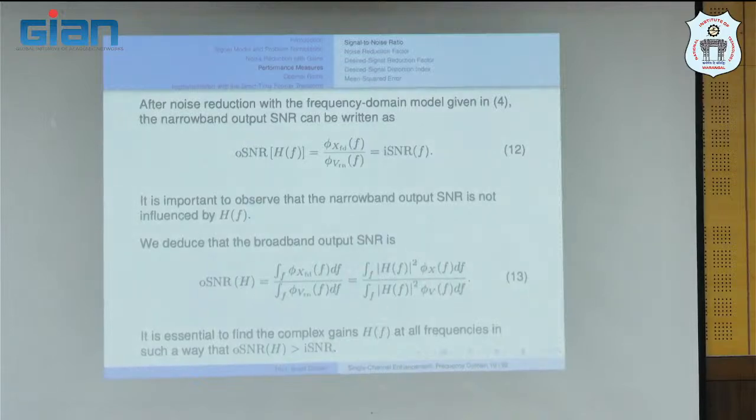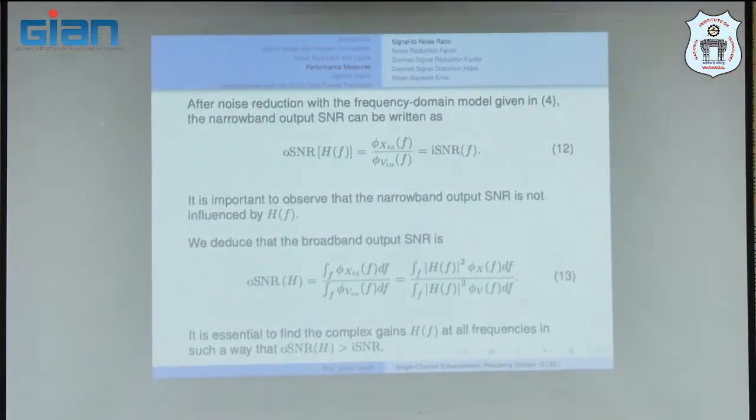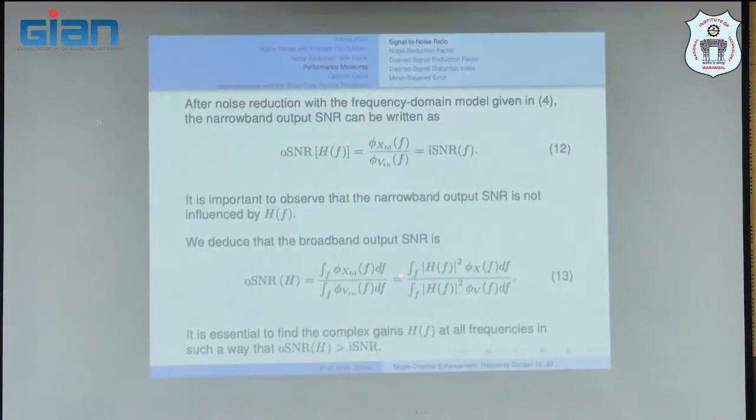So we can ask ourselves, of course, we cannot get any gain in SNR in the narrowband for each frequency. But for the total, the broadband output SNR, can we choose H for each frequency such that the broadband output SNR will be as high as possible, for example? We will see how to do that, okay? How to choose H for each frequency.